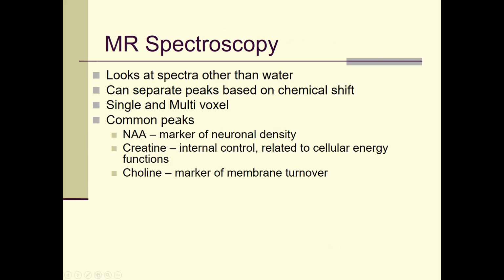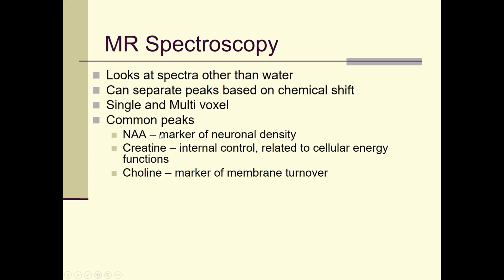You place a voxel and scan for 5 minutes in just that voxel's area, looking for N-acetyl aspartate, creatine, choline peaks, lactate peaks, etc. If the NAA is down, that means neuronal density is down. Creatine is just an internal control and reflects cellular energy function, so creatine always exists, and the choline peak is a marker of membrane turnover.